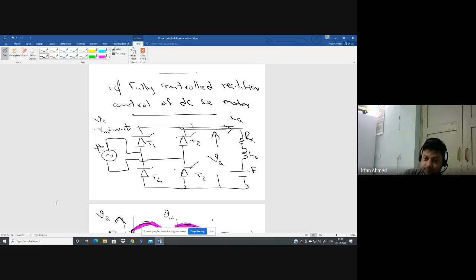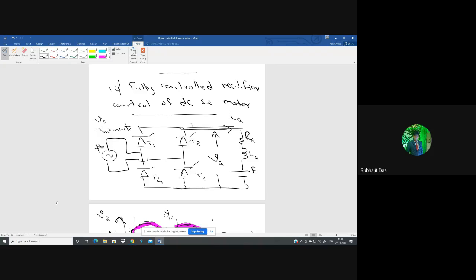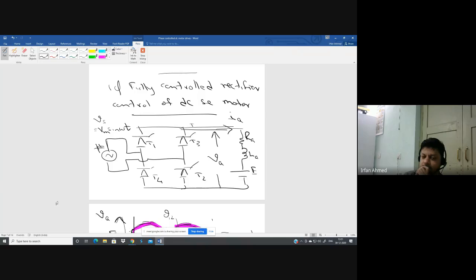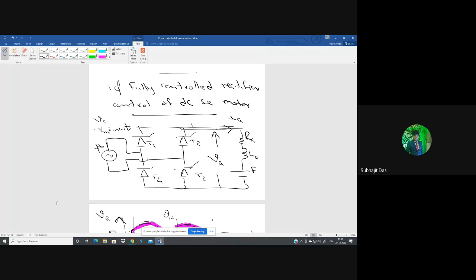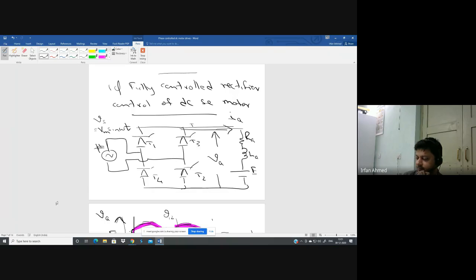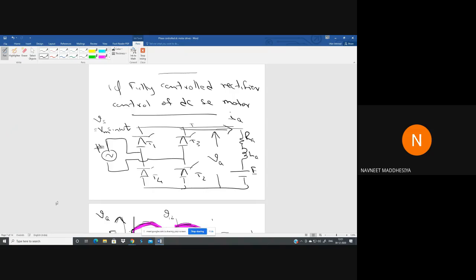Very good method. Okay, no harmonics, but some very big disadvantages. Bulky size, sir.